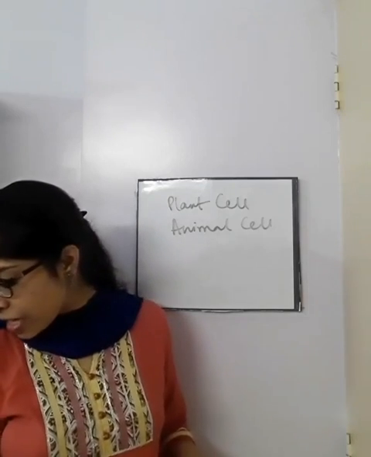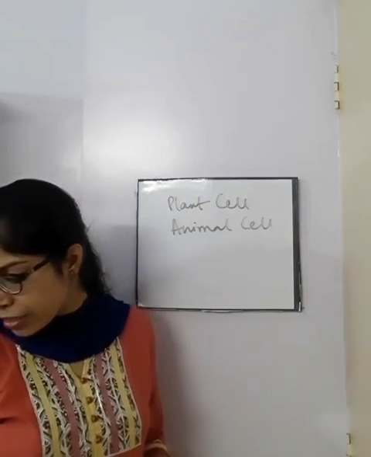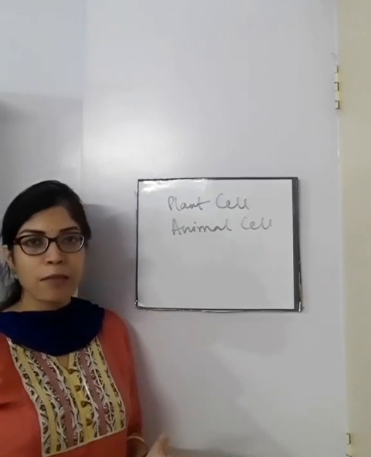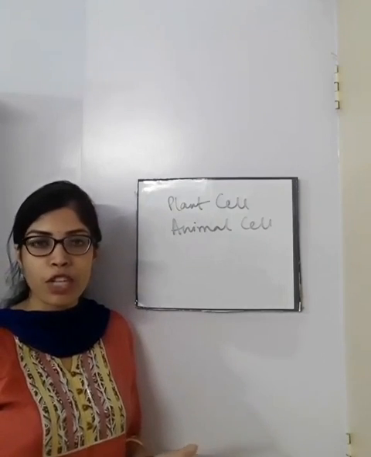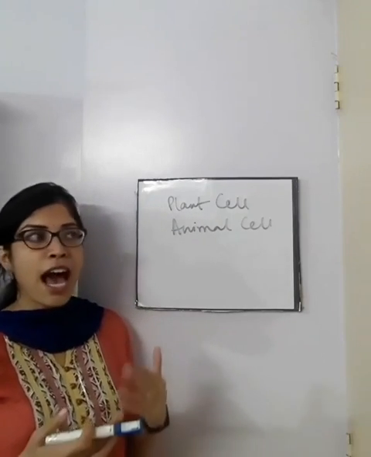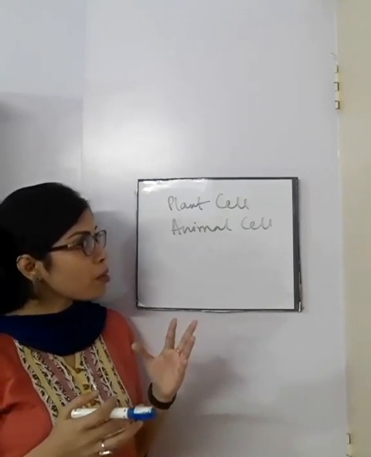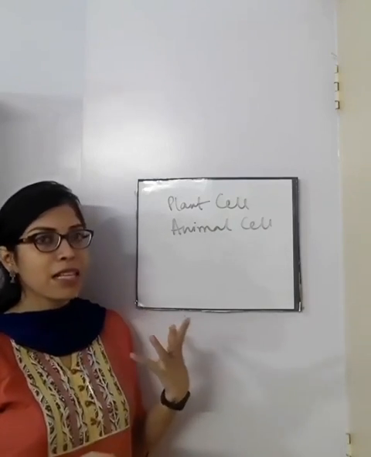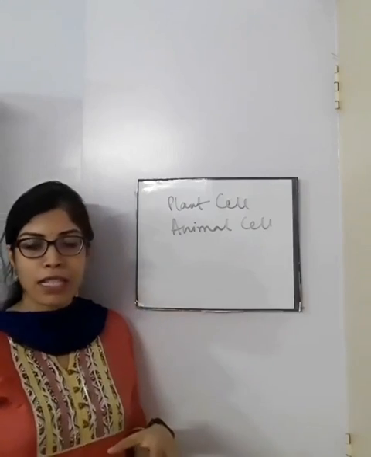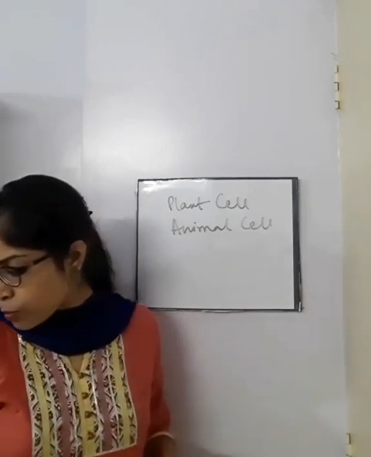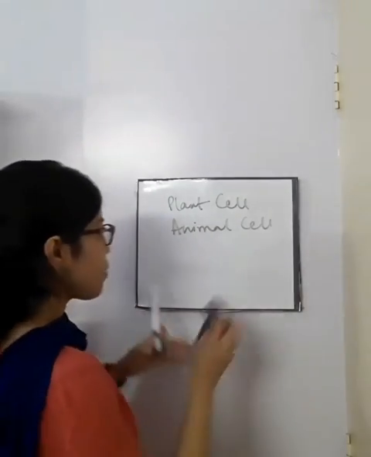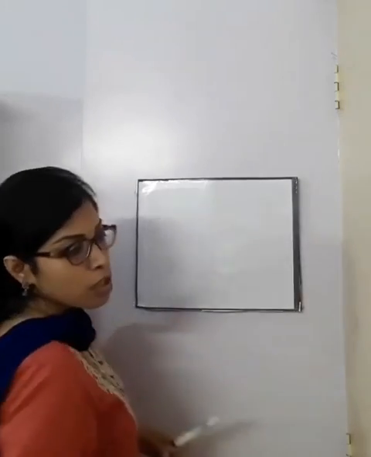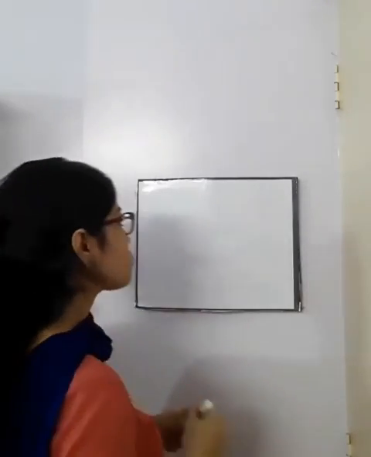There are a few other differences between plant cell and animal cell, and as we move on with this chapter you will get to know the differences and whether some substances are present in plant cell or animal cell. So let's move on to our next topic, that is parts of a cell.